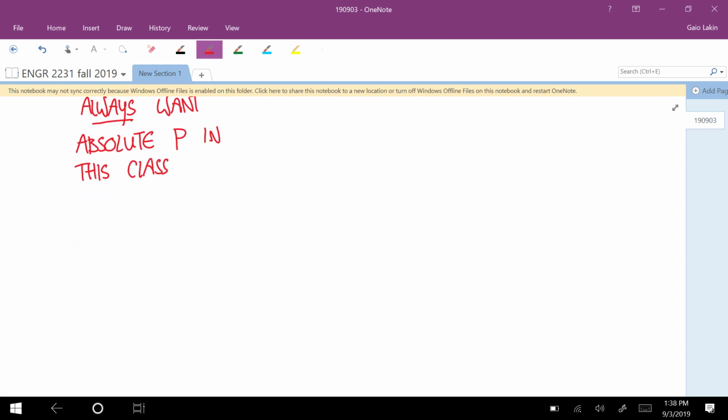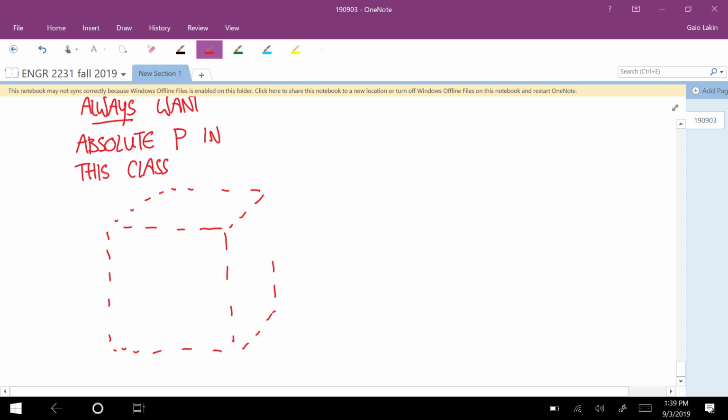Okay, so let's think about, here's the cube. Let's think about this wall. I just said one, so it doesn't matter which one we're thinking about.